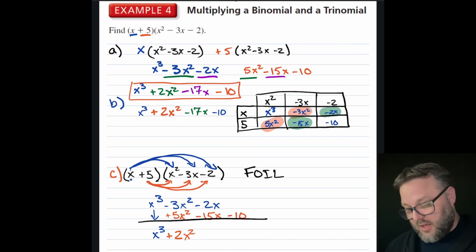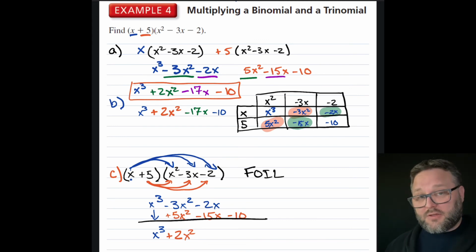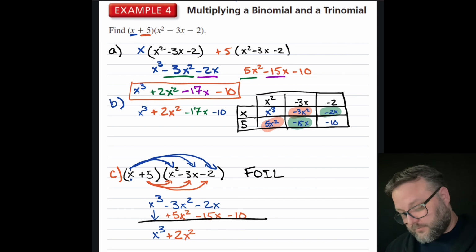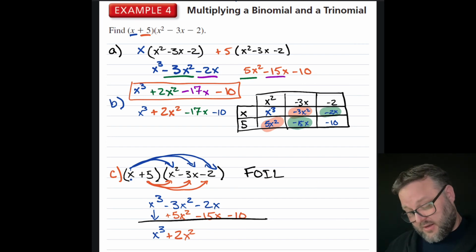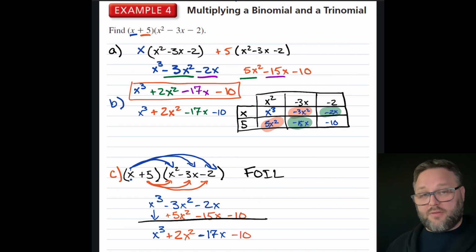The x squared comes from both already having x squared terms, so I keep the term. Here, I have a negative and a negative, so that makes a negative answer. 15 and 2 makes 17, and I keep my x. And here I had my -2 to begin with, nothing to add or subtract from it, so it stays exactly as it is.